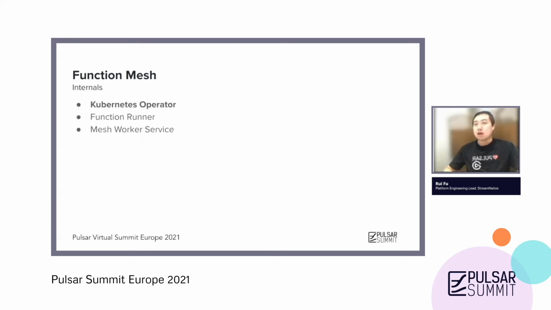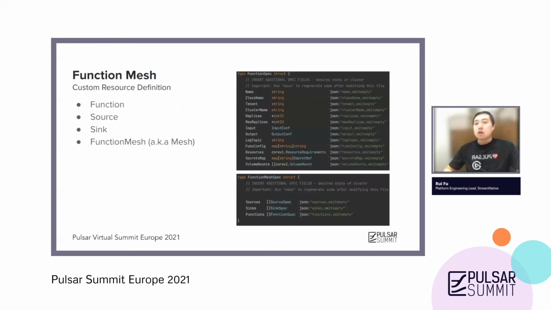So let's talk about the three components of Function Mesh, and I will first go through the Kubernetes operator. In Function Mesh, we use the Operator SDK to define several custom resource definitions to allow users to manage functions, connectors, or meshes as custom resources in Kubernetes.